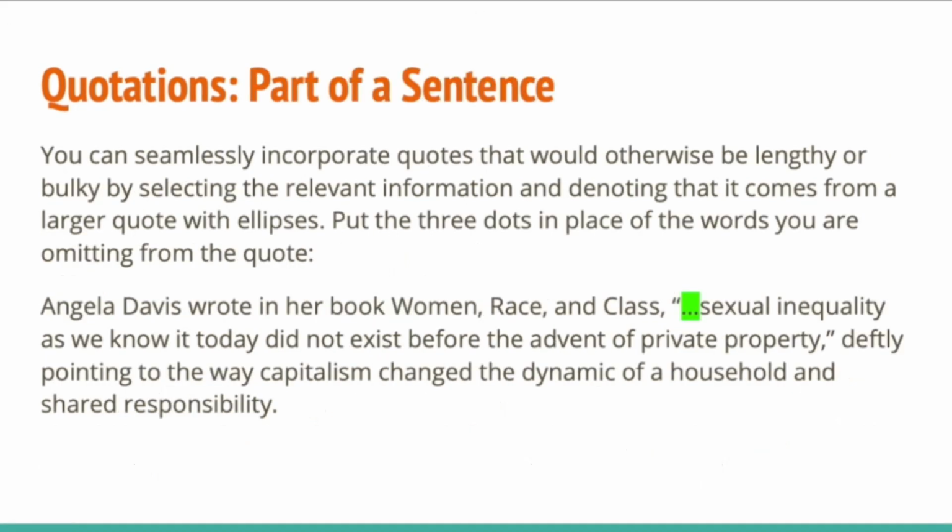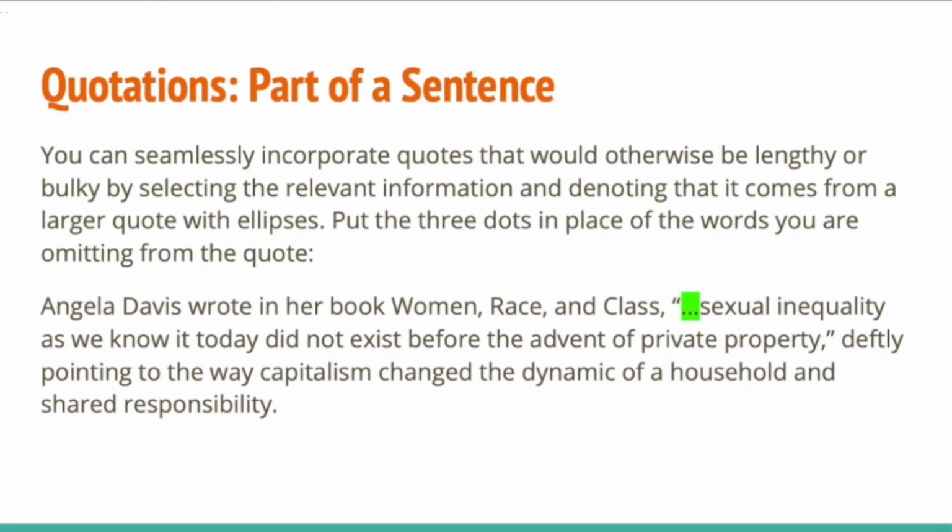Here's a quick explanation of how to put quotations as part of a sentence, especially when the quote is a little bit long and you want to only put parts of it. See below, Angela Davis wrote in her book, Women, Race, and Class.